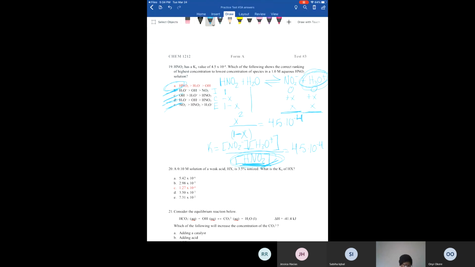It's setting up which equation? HNO2. Where does the confusion lie? Okay, I'm opening up my mic because it's too much to type.